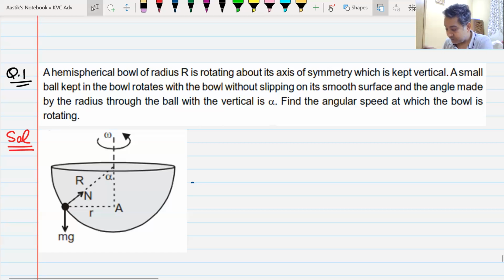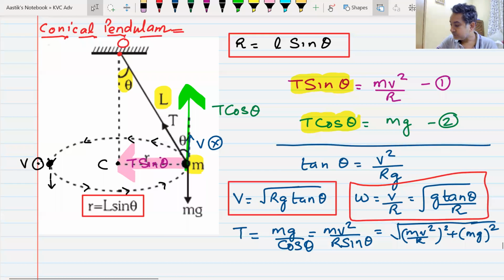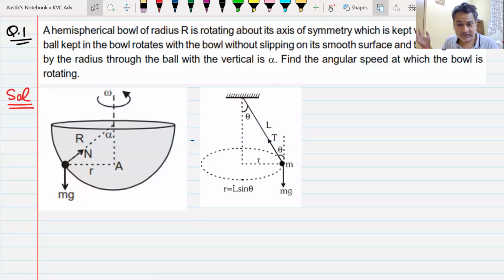If I look at this diagram which is right in front of your eyes, and then I look at this diagram which is here, and I put both the diagrams together, you will understand that both the questions are the same.